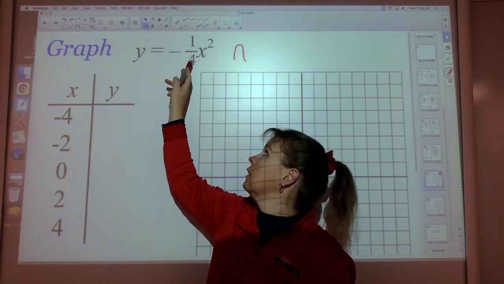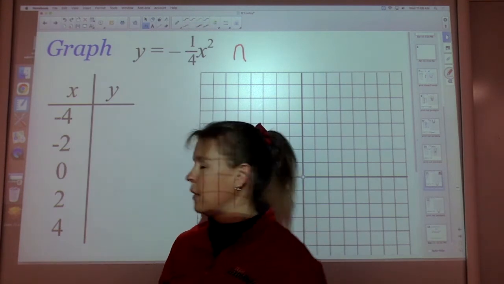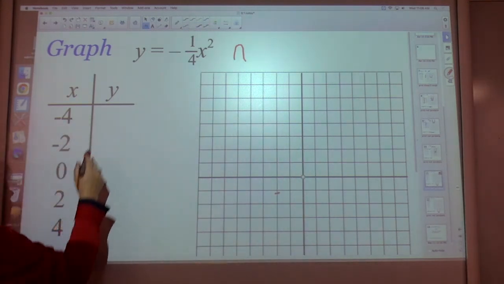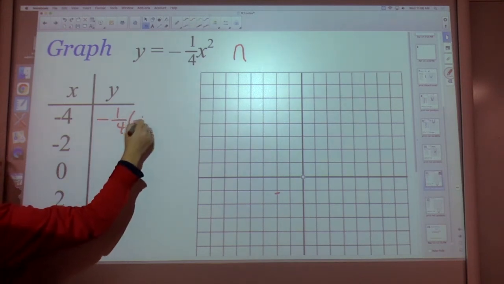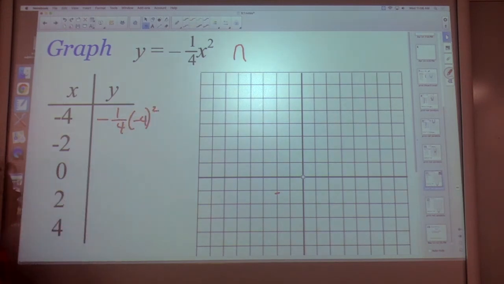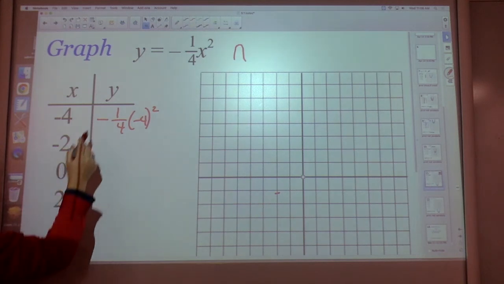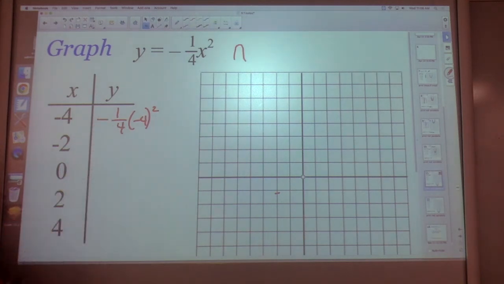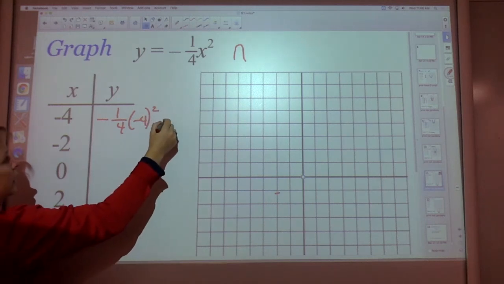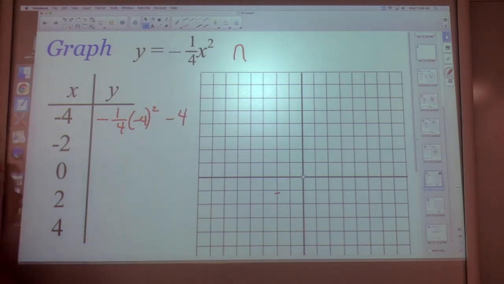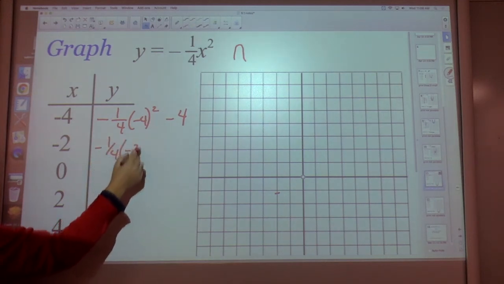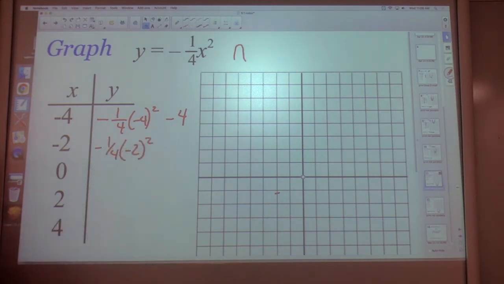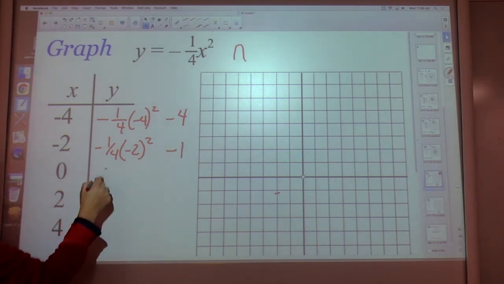If we have a fraction, you have to use numbers that will divide by that fraction if you want to make whole numbers. So I want the opposite of 1/4 times negative 4 squared. Type that in. What's the negative of 1/4 times negative 4 squared? You get a negative 4. What's the opposite of 1/4 times negative 2 in parentheses squared? You get negative 1. If you take all of that times 0, you still get 0.